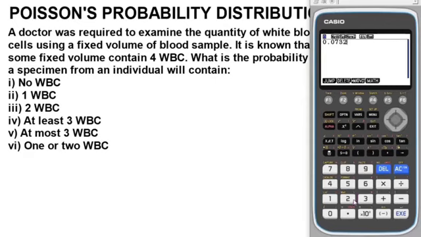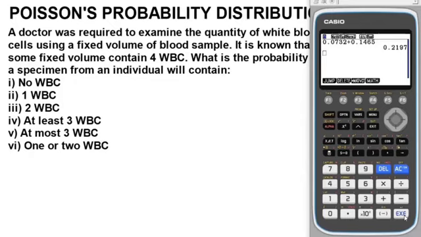I wrote down the values. Plus the other one, which is 0.1465. Okay, so that's it. Let's press execute now. So this will be the probability that a specimen from an individual contains 1 or 2 white blood cells. It's as simple as that, guys.